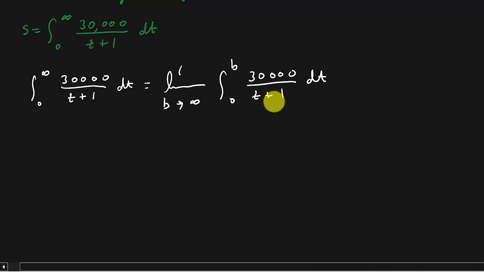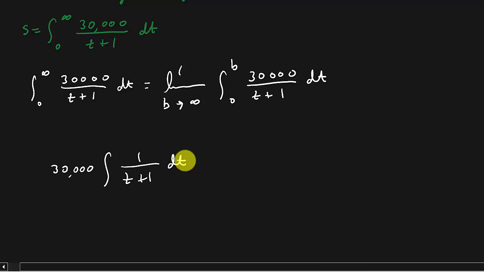So what's the integral of that? On these problems, it might be best for you to go off to the side and integrate this without any limits. So this 30,000 over t plus 1, let's bring the 30,000 out, and that's 1 over t plus 1 dt. You should know how to integrate this.